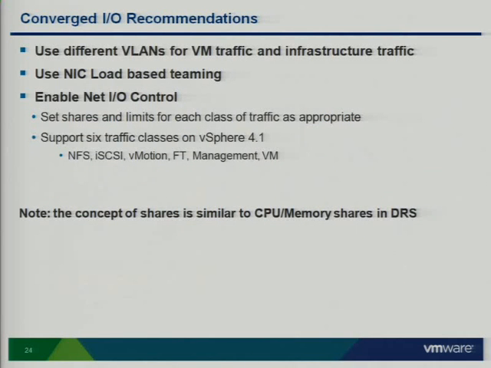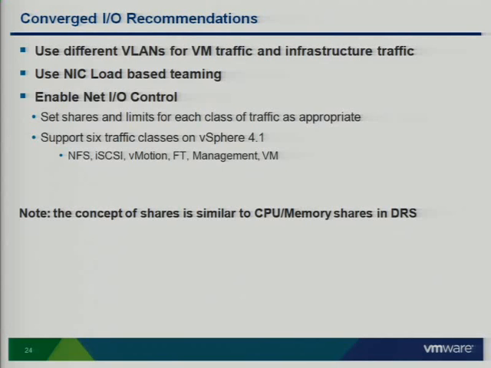Just to go a little deeper into what's available and how you would set it up. In this case, you have a pair of 10 gig E NICs, so you use different VLANs for VM traffic and infrastructure traffic. You want to enable load-based teaming, and you want to enable network I/O control.